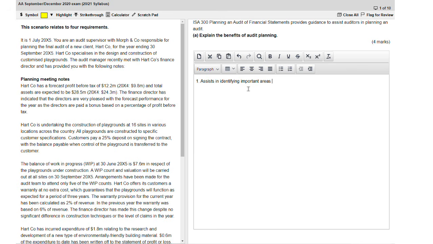So it assists us in identifying important areas in the audit. And I might just add on there and just say, e.g., significant audit risks. So that would surely get you the mark. Would you get any more marks if you now expanded on it? No, that would be a complete waste of your time.